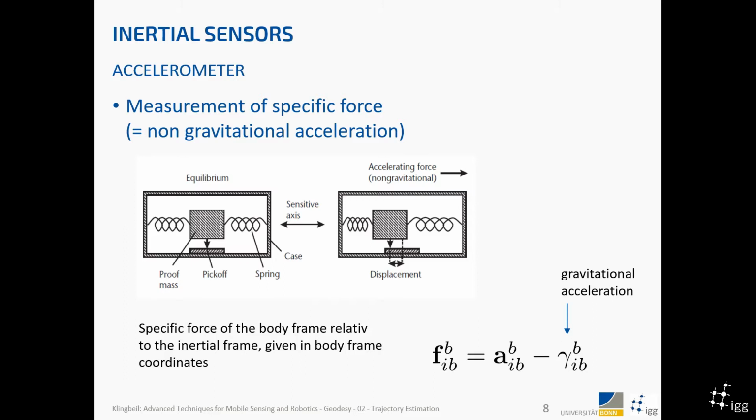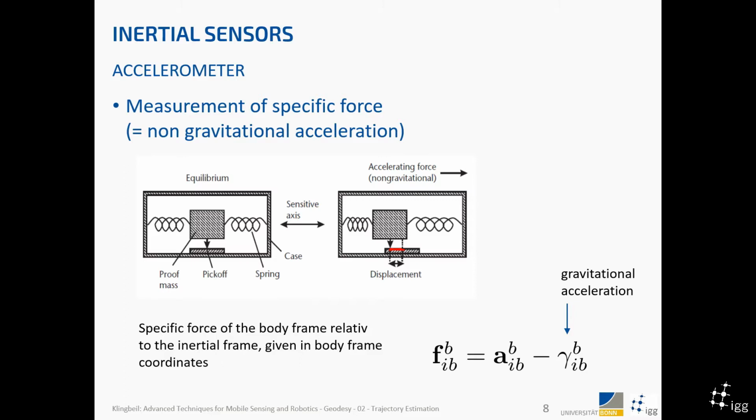The acceleration is toward that direction, right? And this displacement is proportional to the accelerating force because of Hooke's law. Then this displacement is measured and can be used. It's proportional to the actual force.